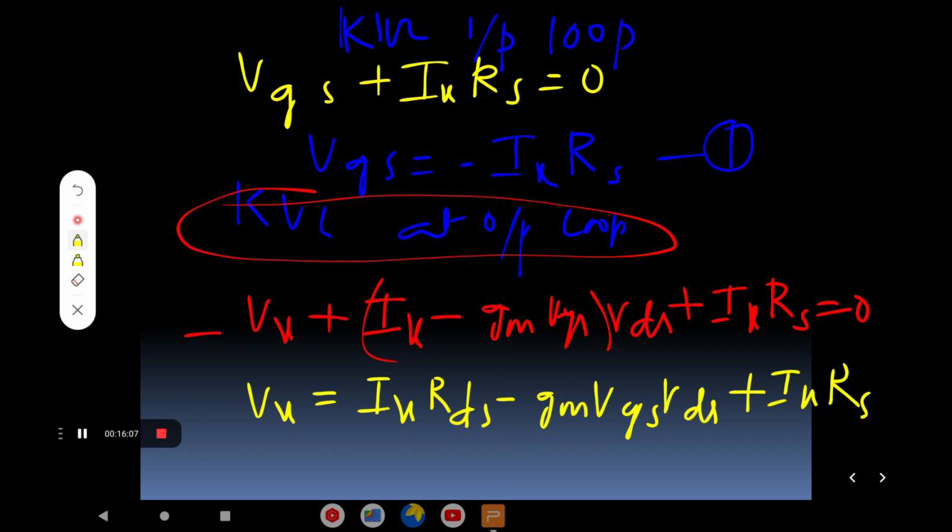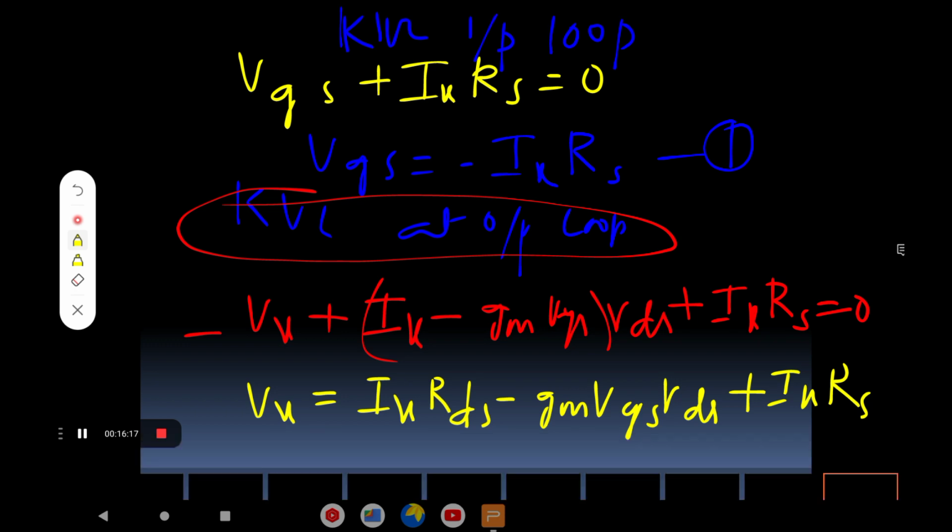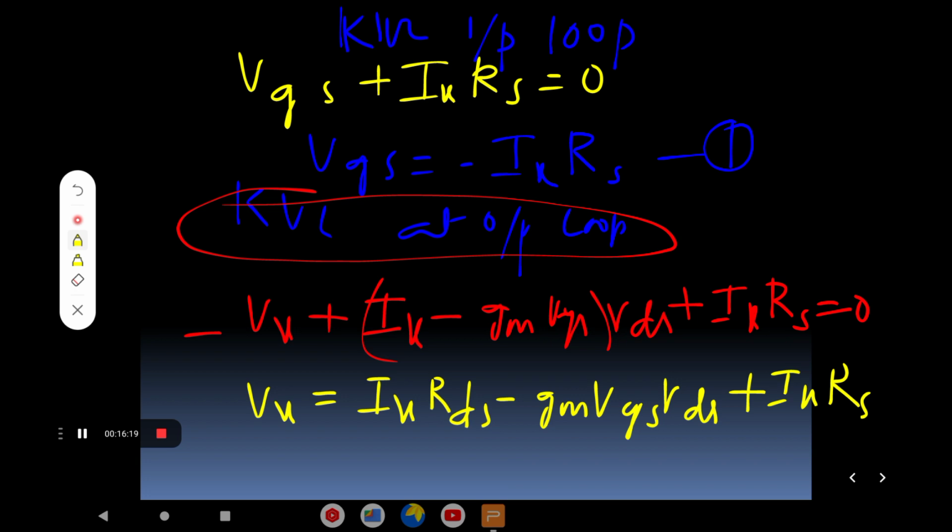Now from the first equation, VGS is equal to minus Ix into Rs. Therefore you have to replace this VGS value with minus Ix into Rs, and it becomes a positive gm Ix into Rs into RDS.